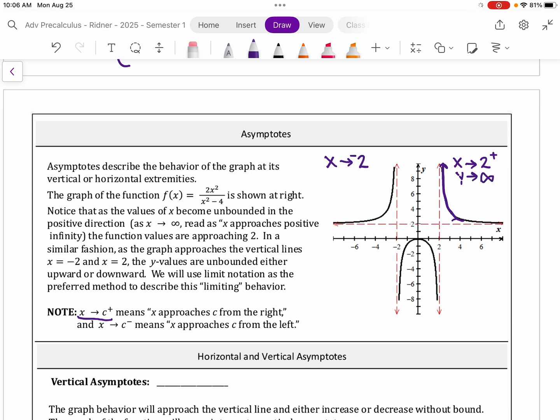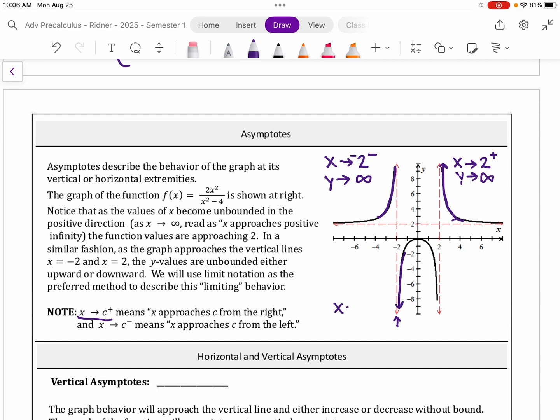Whereas over on this side, from the left, it's also going up. Now checking out that vertical asymptote right there, from the right, it's going this way, so it's actually going down.